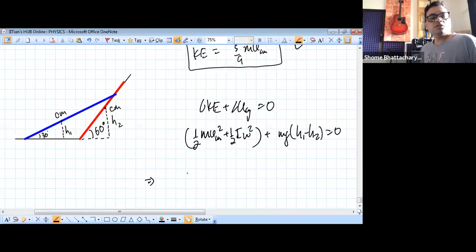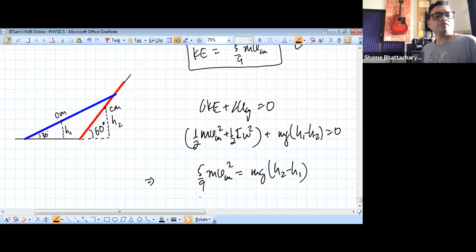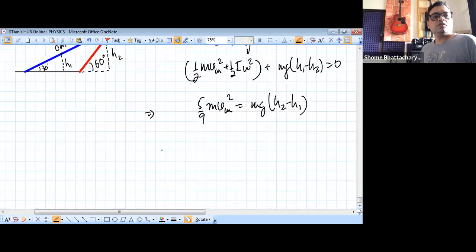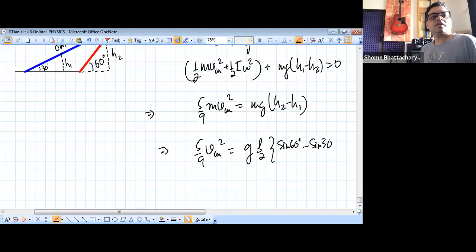So 5 by 9 m VCM square should be equal to m g (h2 minus h1). So 5 by 9 VCM square should be g into L by 2 (sin 60 degrees minus sin 30 degrees).